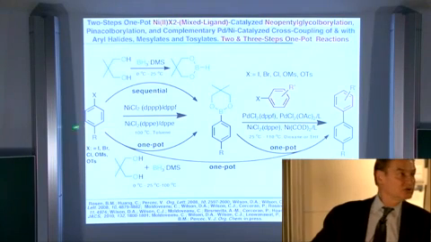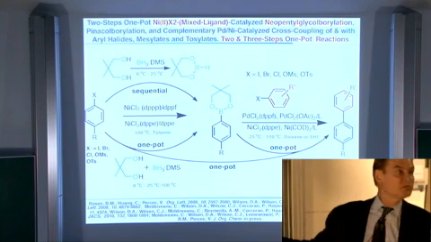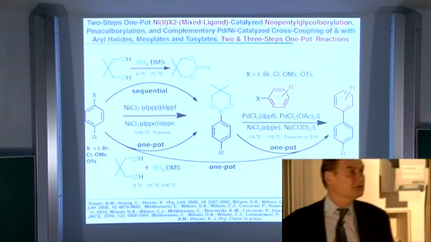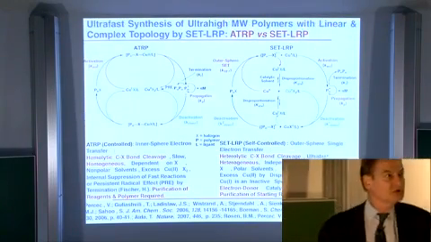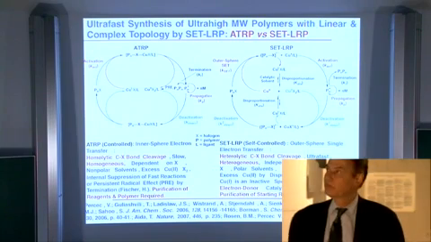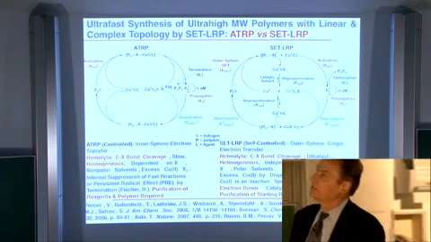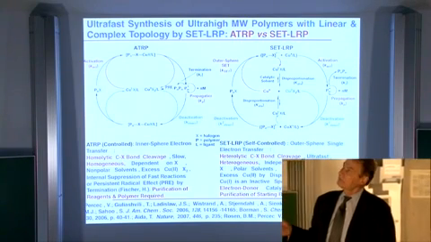You can do even a 3 steps one-pot reaction because you come with an aryl halide or aryl pseudo-halide under similar reaction conditions and you get the cross-coupling product. So that's an example of methodology that we use in construction of molecules that I'm not going to get involved in during the next part of the lecture.